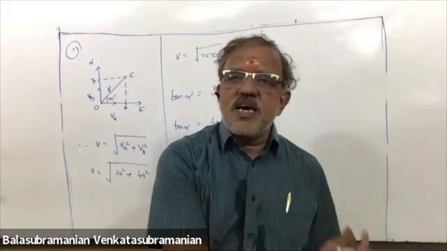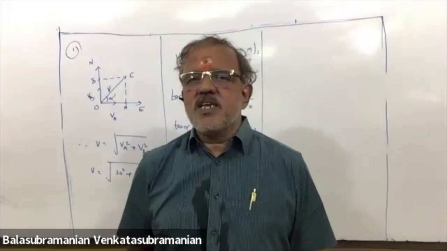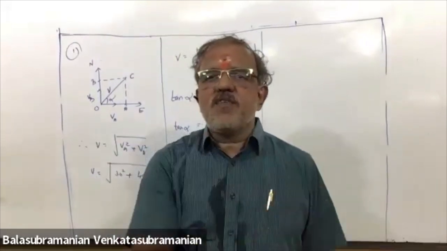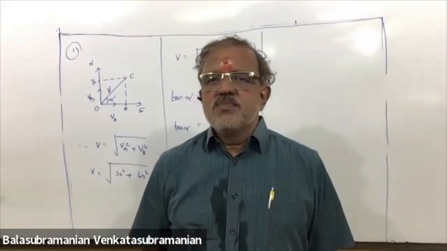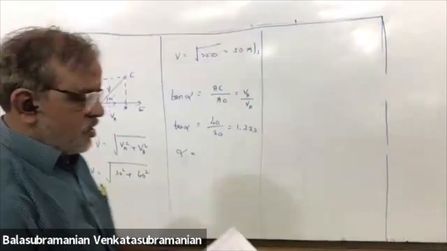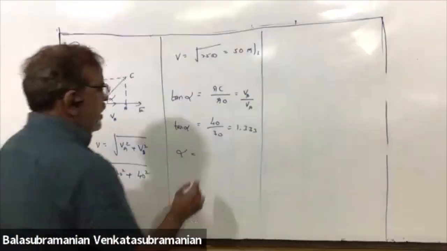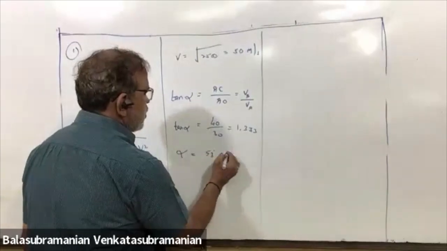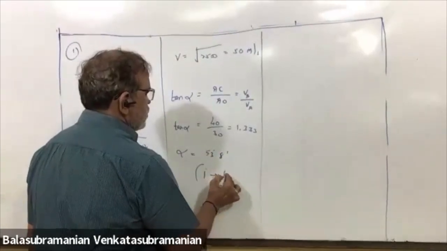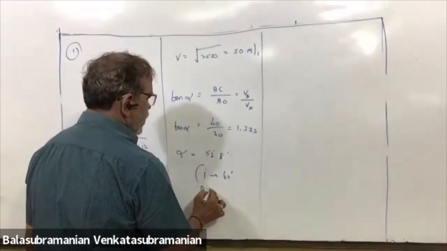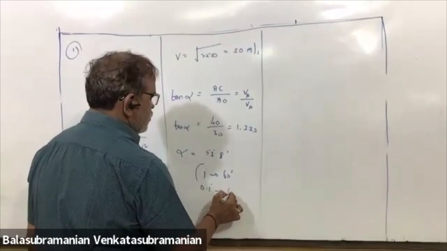Here the value calculated is 1.333, and we have to find the corresponding angle. If you see the logarithm book, the answer is 53 degree 8 minutes. 1 degree is 60 minutes, so 0.1 degree means 6 minutes.